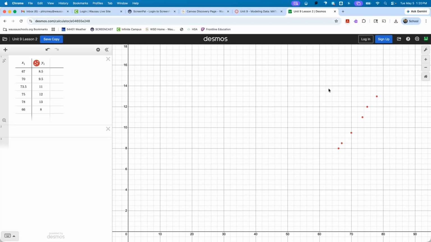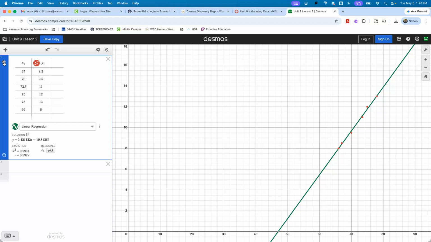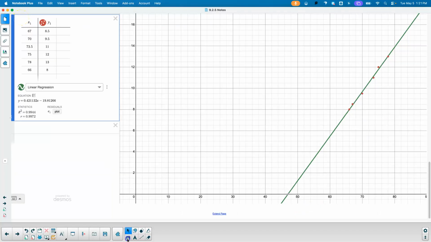Then to find our line of best fit, all we've got to do is click on this little symbol right there, and it puts it in there for us. How close were we? Pretty close, right? So this right here is my equation. And this right here is my correlation coefficient.